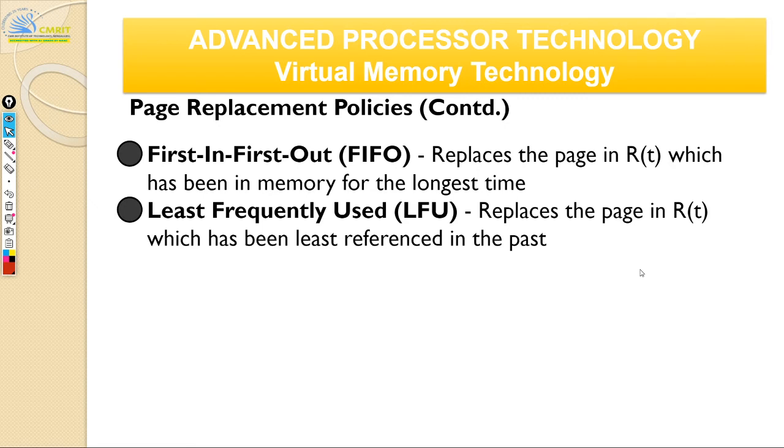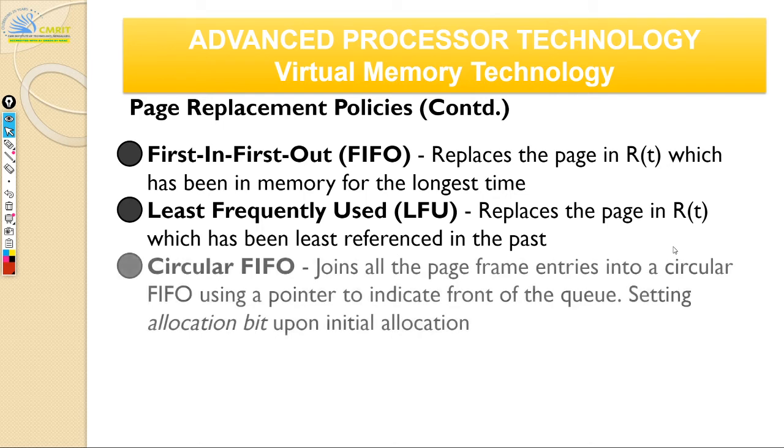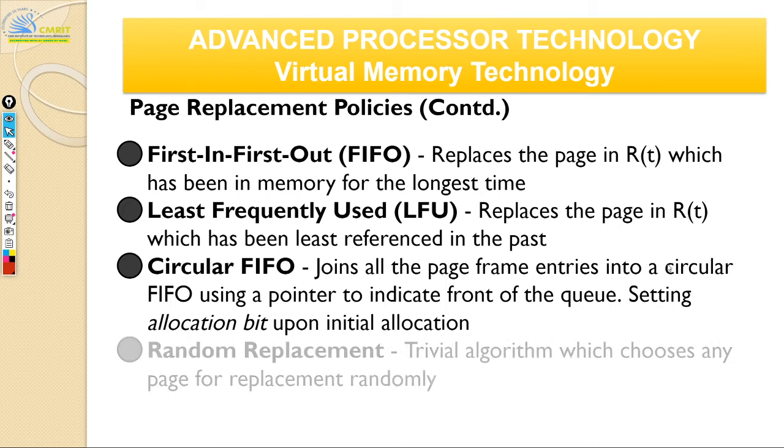You need some kind of a table to know the frequency of each page. The overhead is a bit too much here. There is also an improvement to FIFO, the circular FIFO, where you have a circular queue and a pointer to point to the next page that will be replaced.